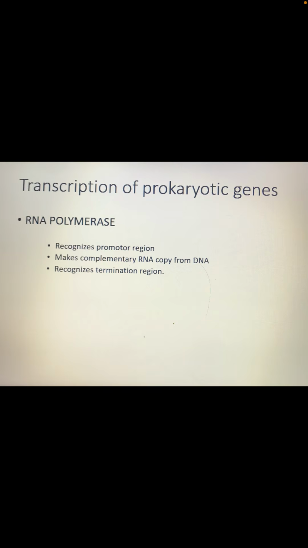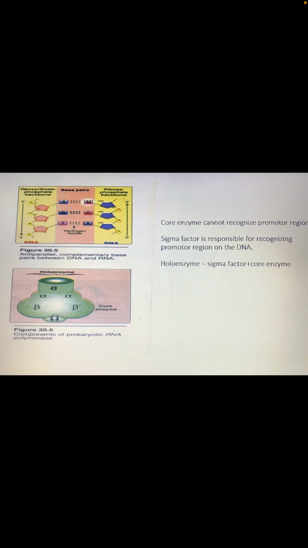The DNA dependent RNA polymerase, which is known as RNAP, from the bacterium E. coli, is a very complex structure, just like the diagram from your Lippincott 30.6 shows the structure of RNA polymerase.